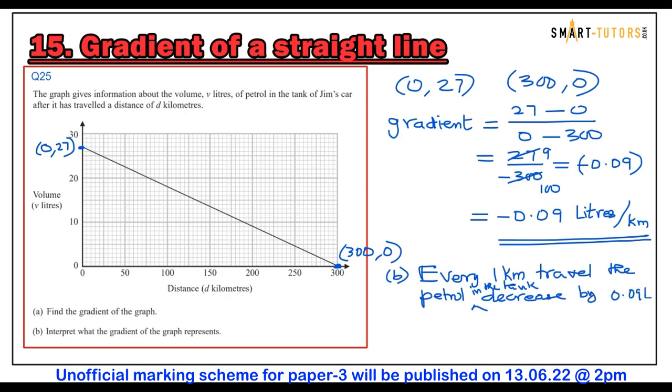That's it, right? So for every 1 kilometer of travel, 0.09 liters of petrol is decreasing. That is the gradient and the interpretation of the gradient.